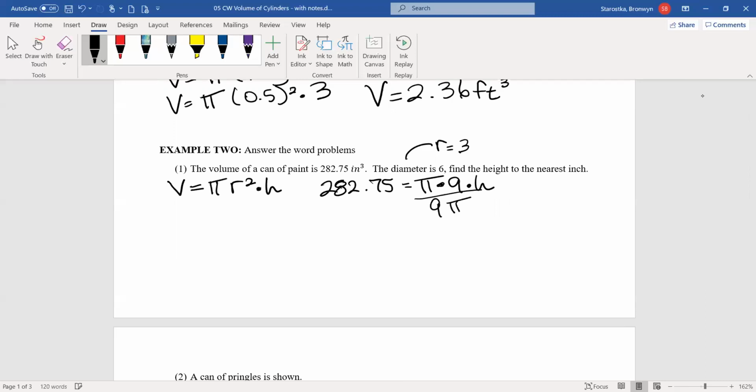What do you need to remember when you're dividing by this? That you divide by 9 and the pi. You need your parentheses. These cancel out. And my height, if I plug it into my calculator correctly, rounding to the nearest inch, is 10 inches.